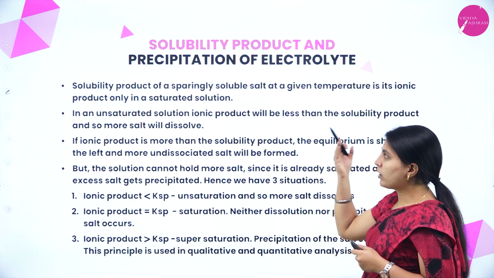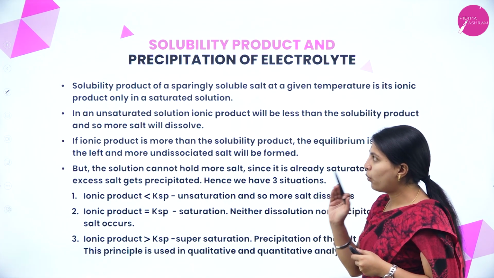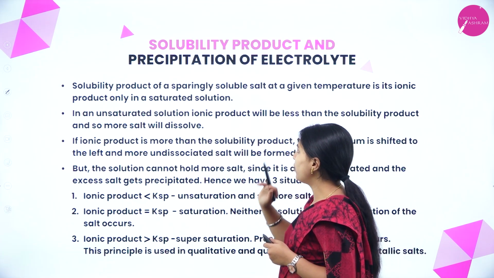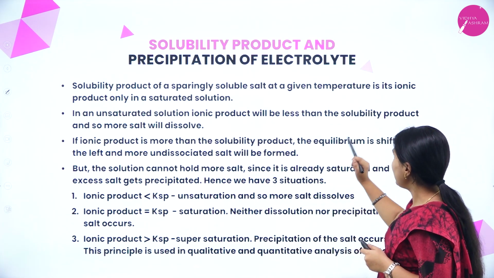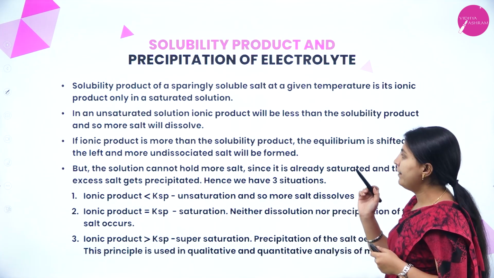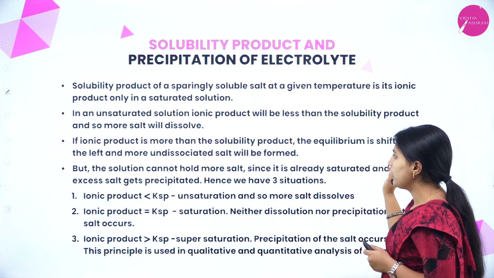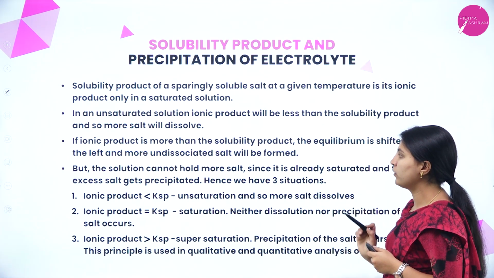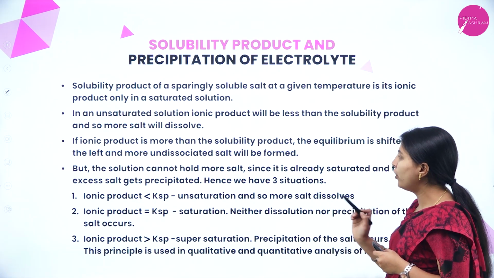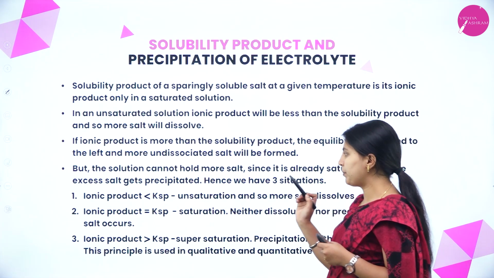In an unsaturated solution, the ionic product will be less than the solubility product, and so more salt will dissolve. If the ionic product is more than the solubility product, the equilibrium is shifted to the left and more undissociated salt will be formed. But the solution cannot hold more salt since it is already saturated and the excess salt gets precipitated.